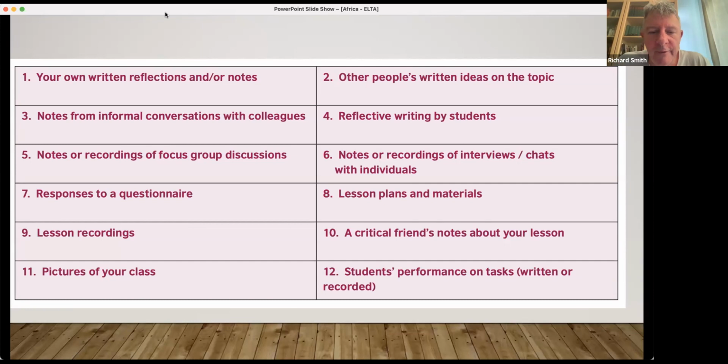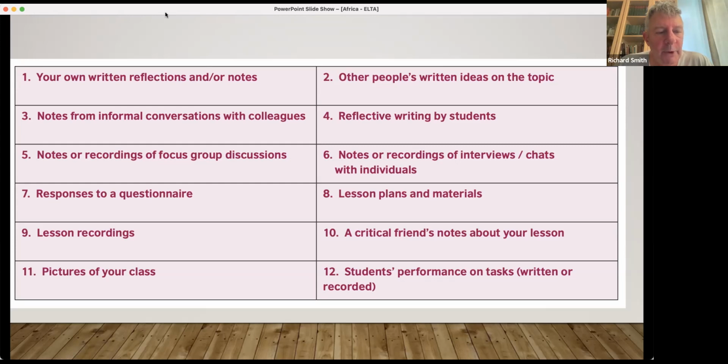Taking notes like Shova after her class. Number 2, other people's written ideas on the topic. Well, that could be reading opinions or reading ideas, maybe on the internet, maybe in a newsletter or journal, which can answer some questions.